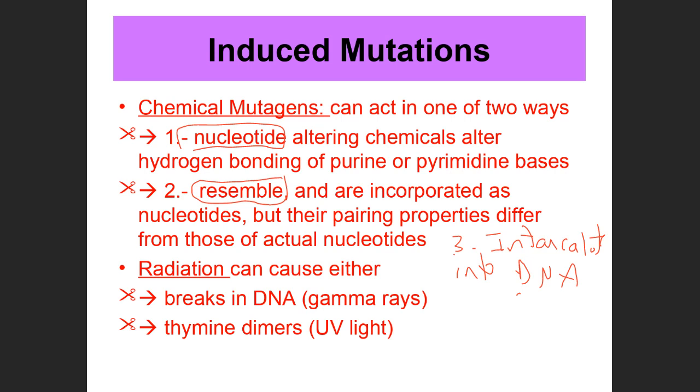We'll go into explanations on that. Radiation is straightforward. We have two types, gamma rays and UV light. Gamma rays oxidize DNA, break DNA, and cause damage. Thymine dimers are what UV light creates.